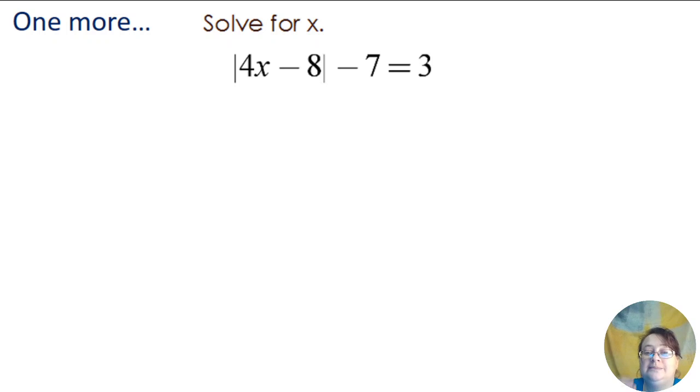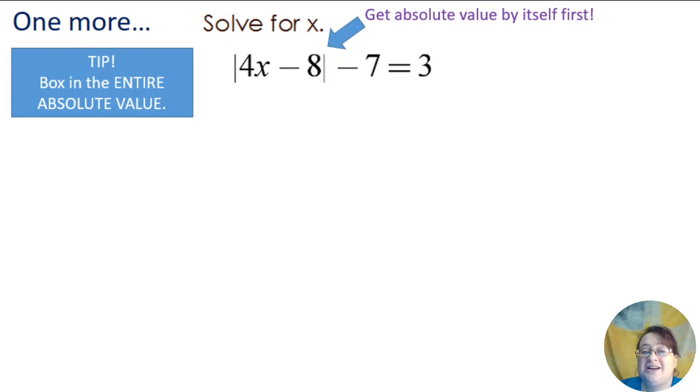Let's try another one. Now for this one, I have to get the absolute value by itself first, because in order to know what that value is inside there, I have to have it by itself on the left. So what I do is I box in the whole absolute value, just like we boxed in x, because we're really solving for that absolute value first.